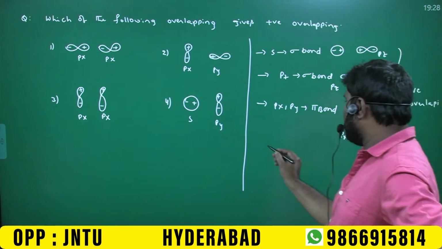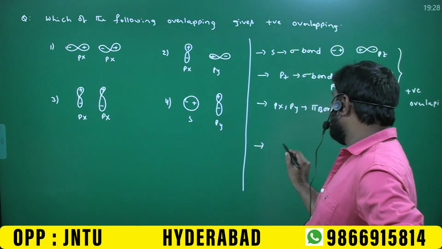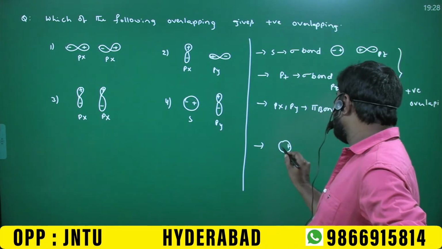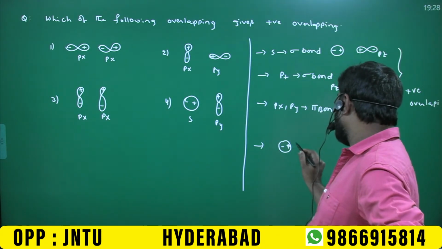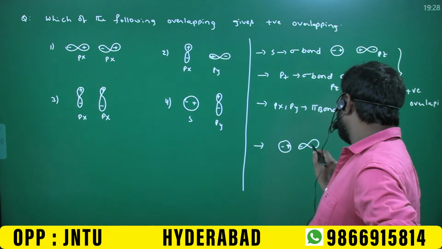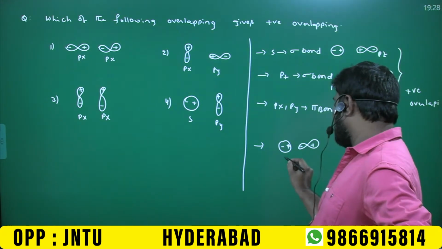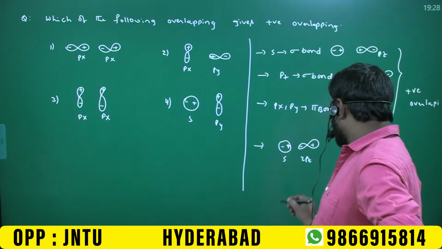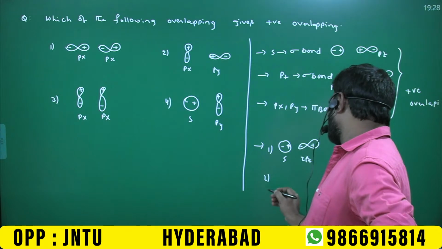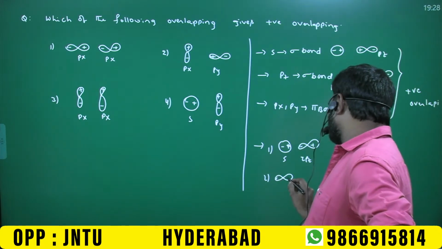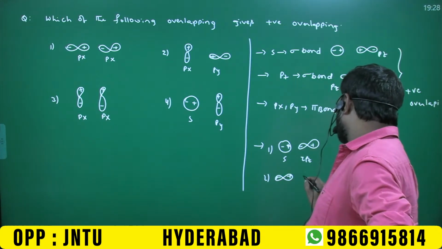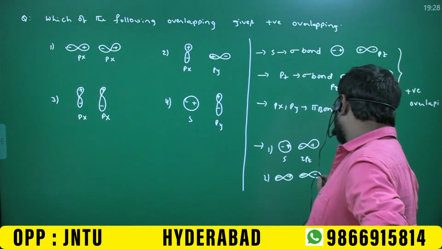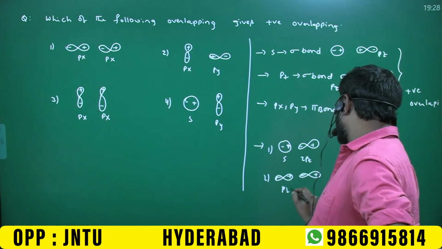So if I write like this, this is s orbital plus minus, this is p orbital minus plus. First combination s and pz. Another combination: this is pz plus minus, this is pz minus plus, pz pz.